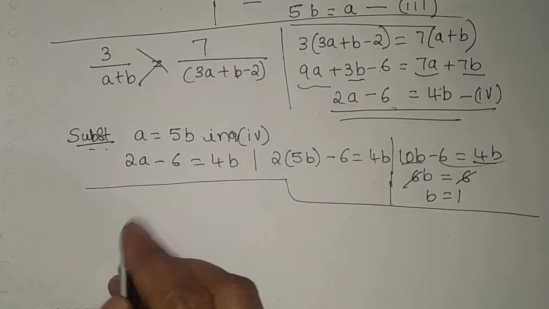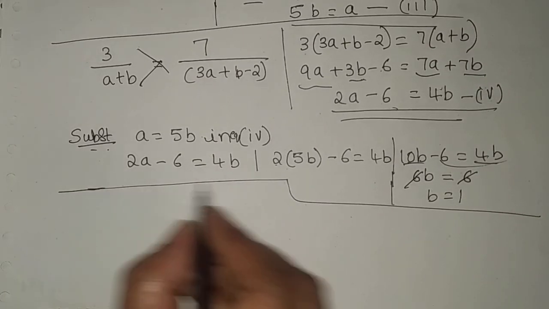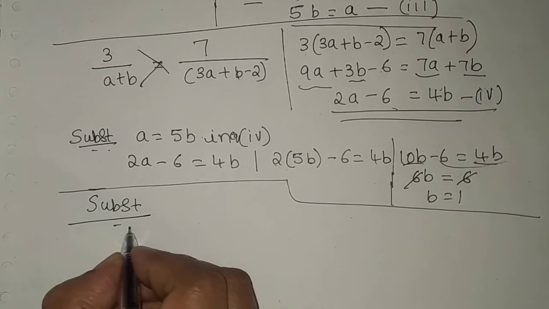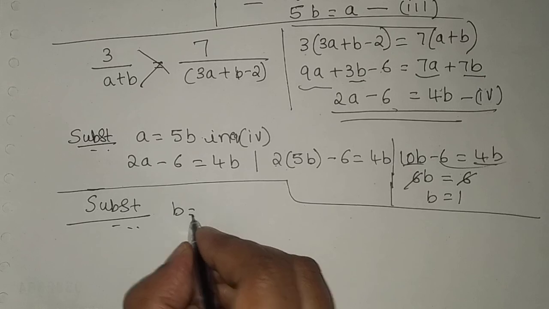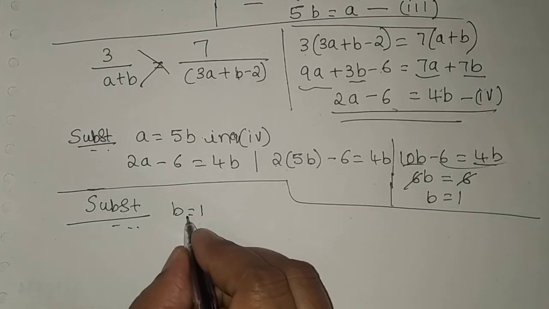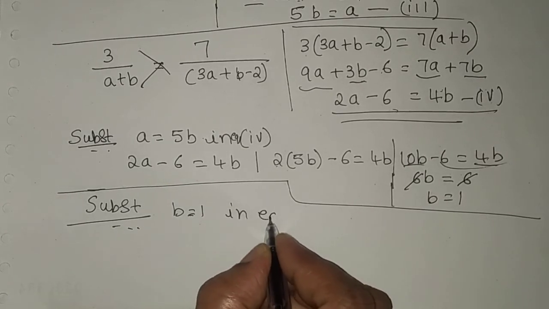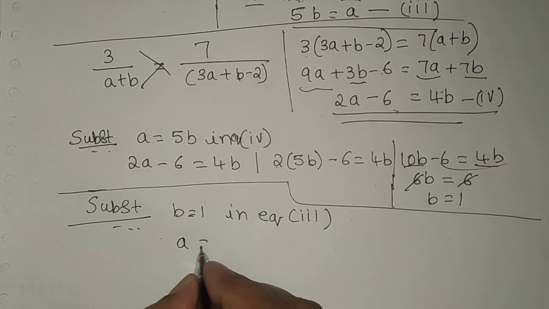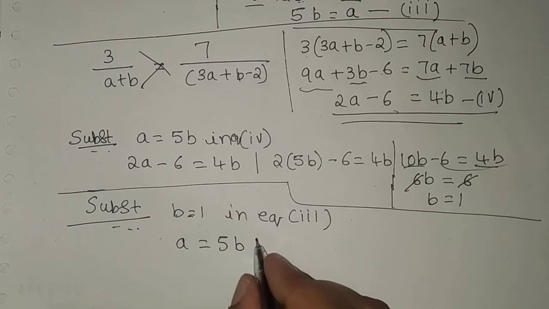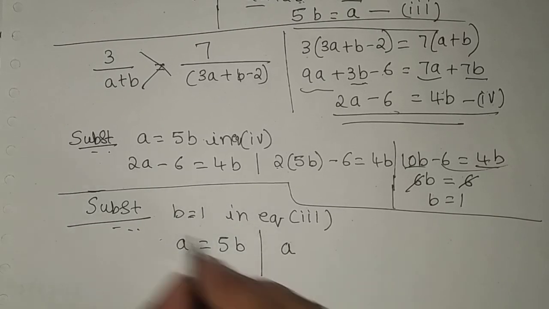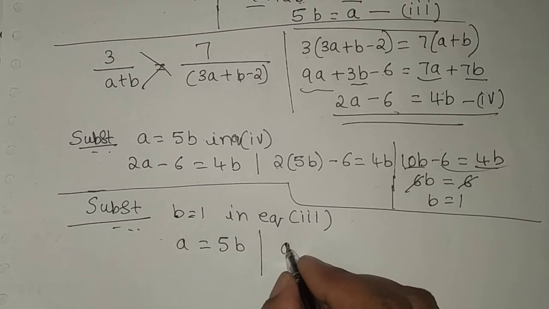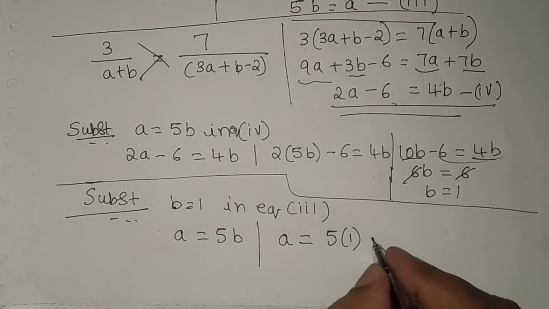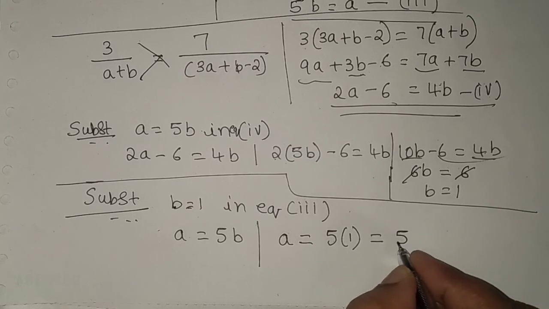Now after getting b, one more thing we have to do is substitute b equal to 1 in equation 3. What is equation 3? a is equal to 5b. So a is equal to 5 into 1, which is equal to 5.